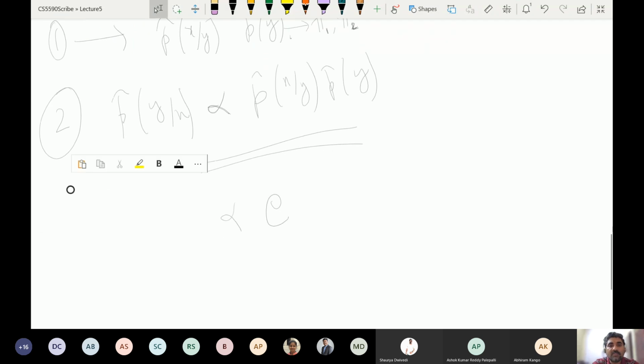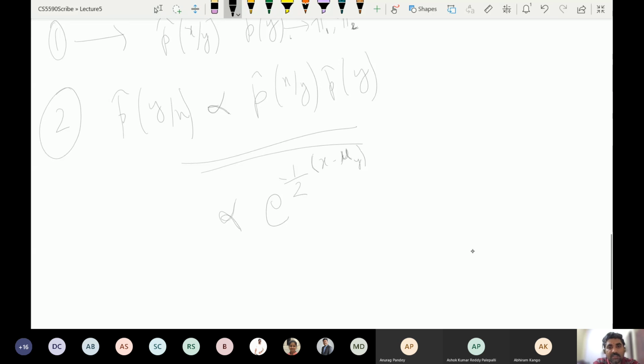If this is the notation, what is the likelihood of x given y? Can anybody tell the formula for it? It is e to the power minus half... What should I write here? I'm writing the likelihood for x given y. Who will help me? x minus mu1 whole square. x minus mu1 or mu y? Mu y. Mu y, right? Mu y whole square. Are you sure? x is a vector.